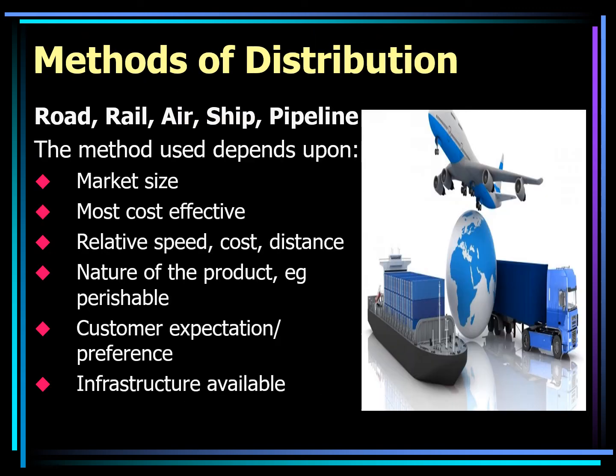So there are many methods of distribution. Once you have decided on your product and who you're going to sell it to, you need to work out how you're going to get it to your consumers, what would be the best form of transport. So it can be road, rail, air, ship or pipeline.